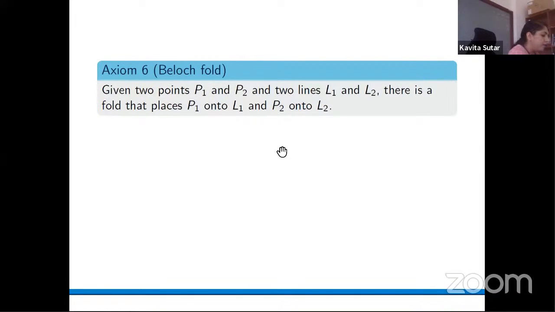Now, what can you say about the points on this line? Since P1 folded onto L1 because of this fold, I know that the points of this line are equidistant from both P1 and L1, right? So for example, I know this distance is the same as this distance, or this distance is the same as this distance, and so on. So the points on this line are equidistant from both the focus and the directrix.